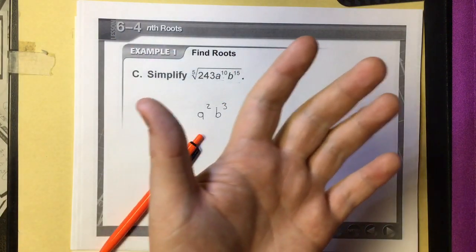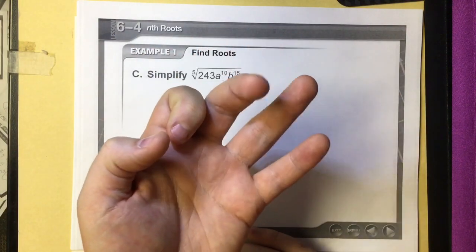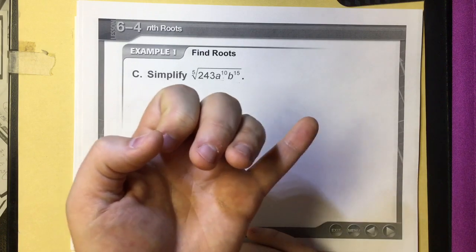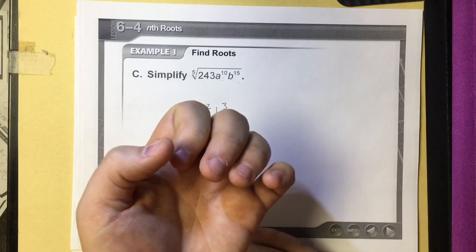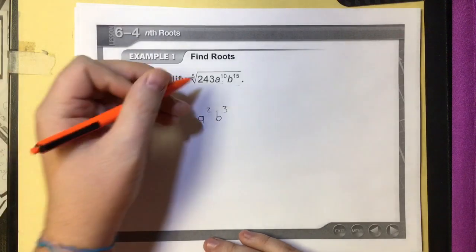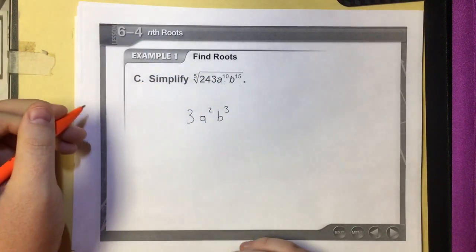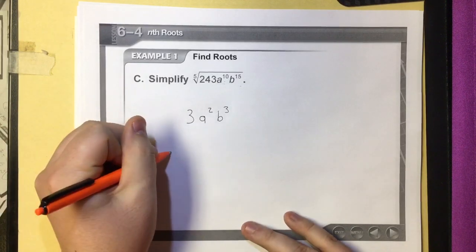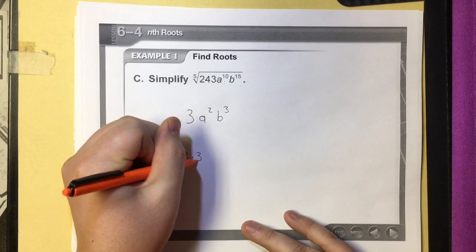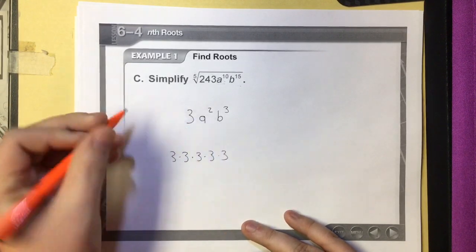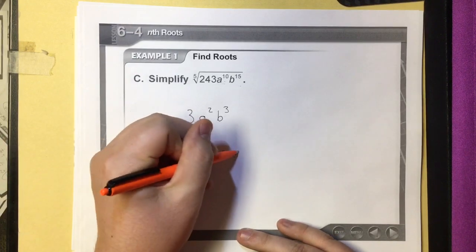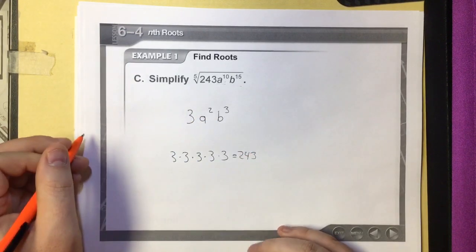If we tried 3, we'd have 3, 9, 27, 81. 81 times 3 is 243. So the 5th root of 243 is 3. The reason for that, again, is because 3 times 3 times 3 times 3 times 3 does equal 243.